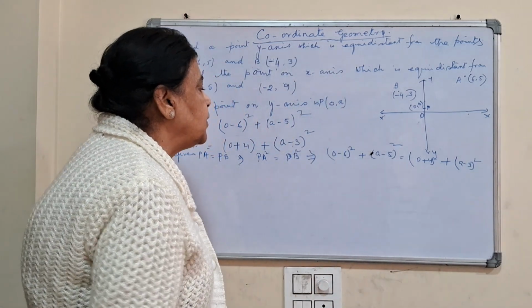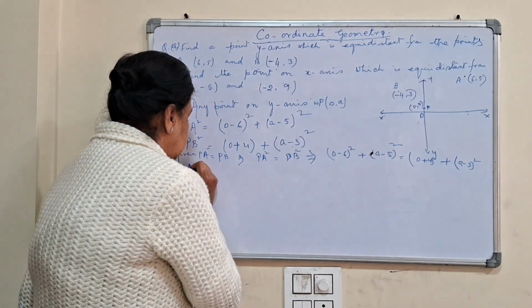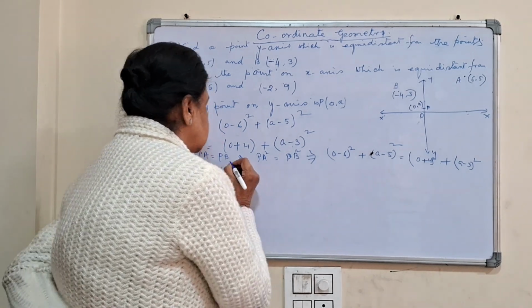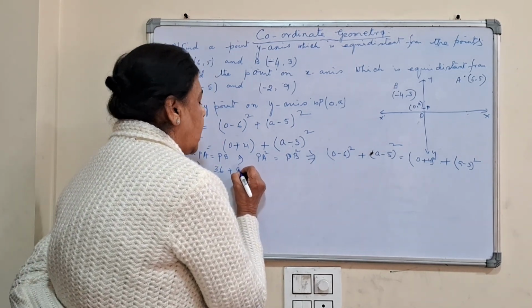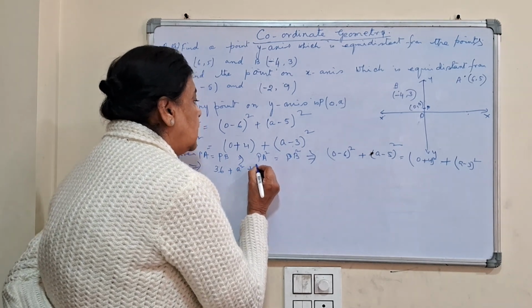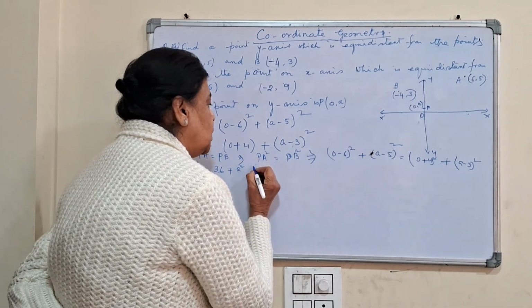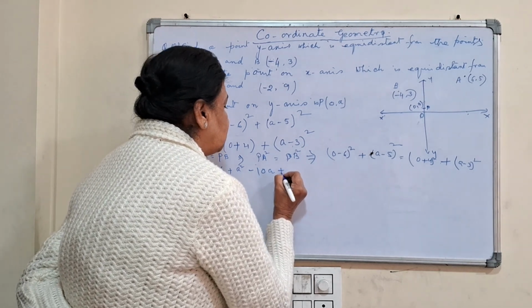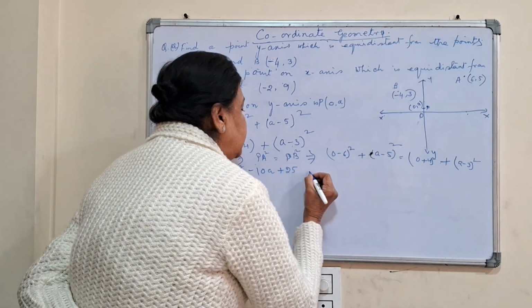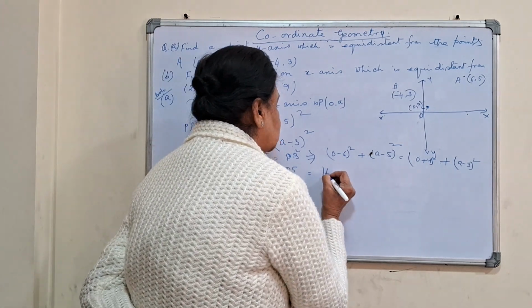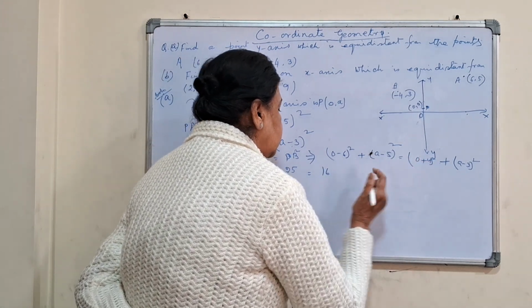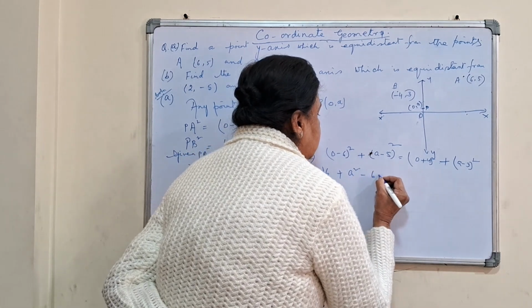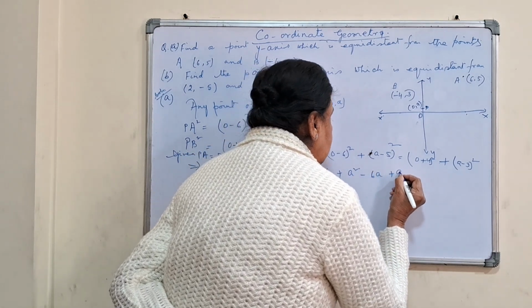Opening the squares on both sides, I get 36 plus a square minus 10a plus 25 on this side, and 16 plus a square minus 6a plus 9 on the other.